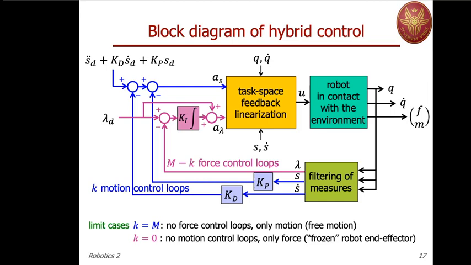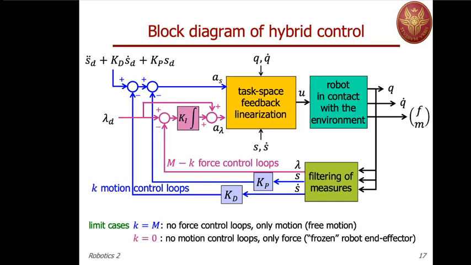If the robot has extra degrees of freedom, it can reconfigure, but indeed not move the end effector. So this limit case is of little relevance, but shows that we can have a full range of possibilities by moving K from 0 to M. And when it's positive and strictly less than M, let's say 6 in the general case, then we will have really a hybrid control problem. And this way of approaching things is a very successful one.